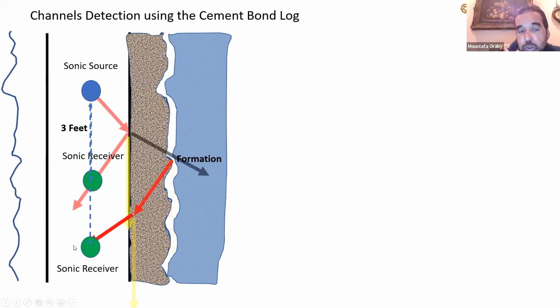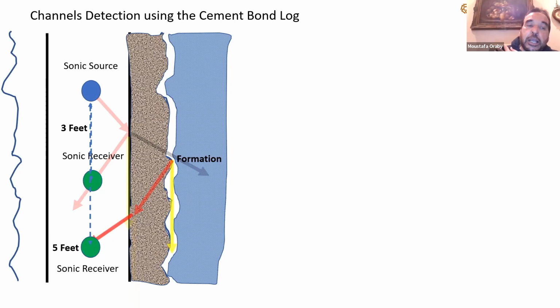That's why you need to receive it a little bit further and at a longer distance. The distance that we put the second receiver is 5 feet. So this one has two receivers, one at 3 feet and one at 5 feet. The one at 3 feet would receive data coming between the casing and the cement. The one at 5 feet will receive data coming between the cement and the formation.